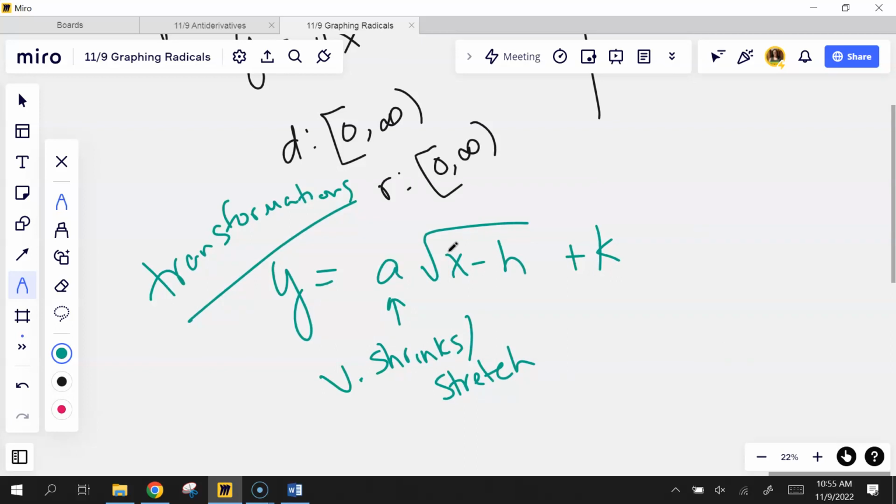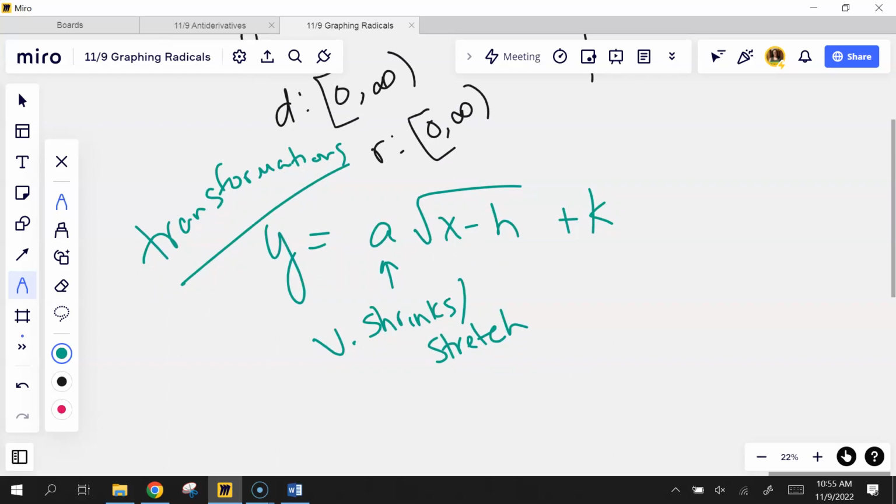It also has to do with my reflections. If it's positive, it's up. If it's negative, it's down, right? So if negative, then it's reflected over x. Remember that? So instead of it being above like this, it would be below like that.